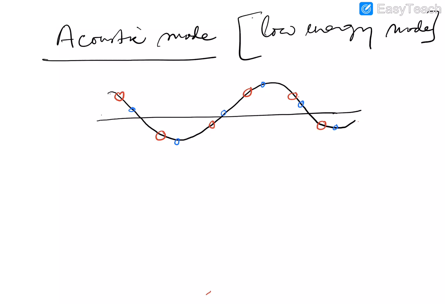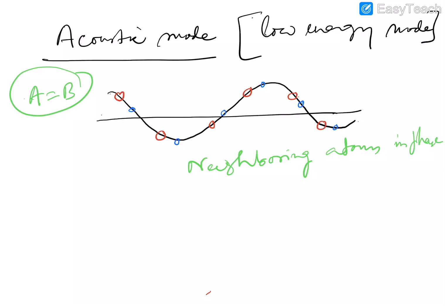So this is the acoustic mode. What it means is that the neighboring atoms are in phase, because it is a equal to b in this case.